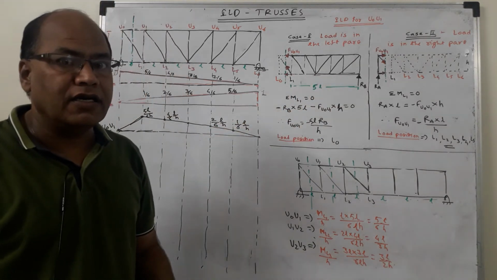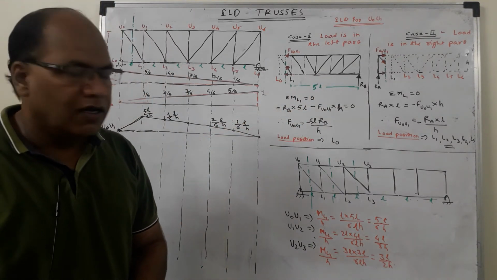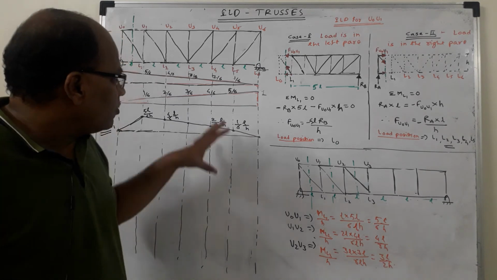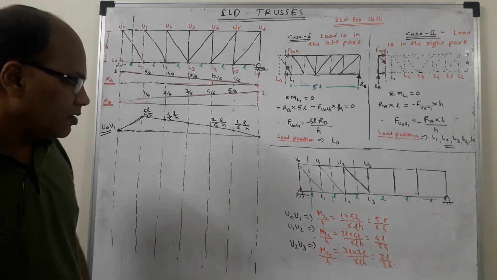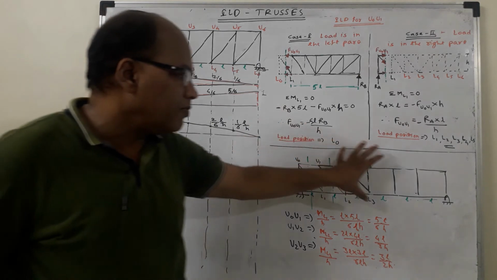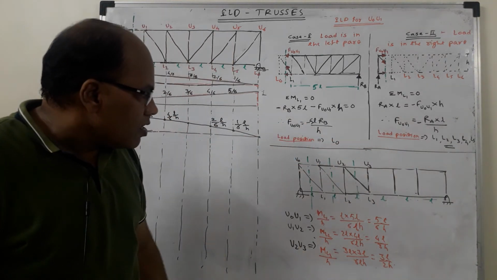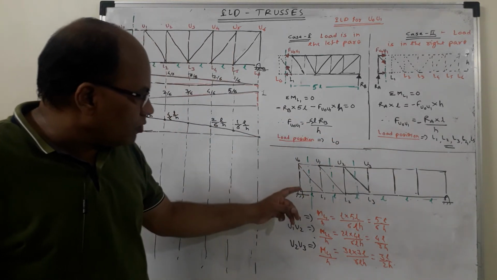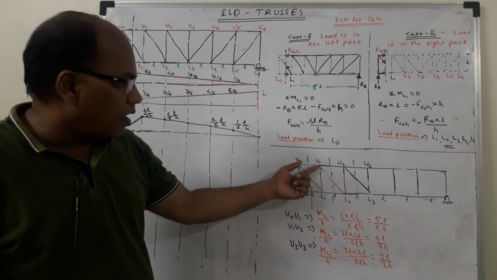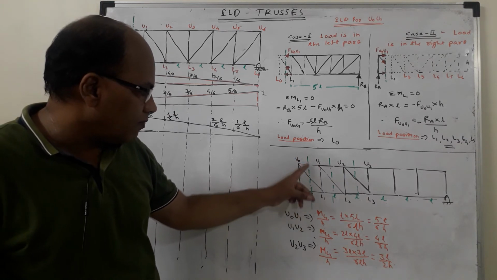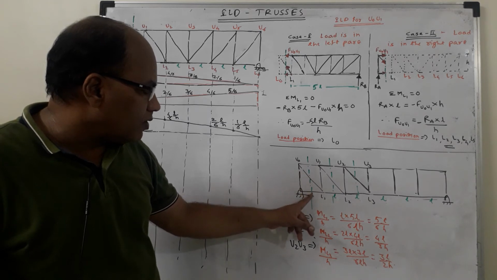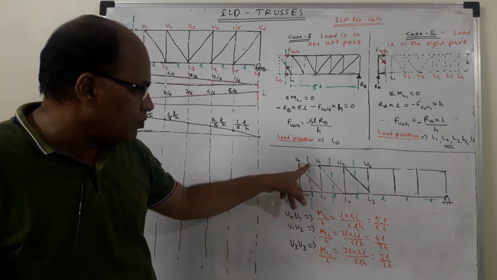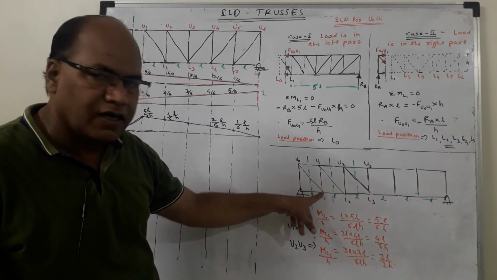But again, there is one shortcut method also. Now, in order to explain the shortcut method, I have considered the same truss over here. I want to draw ILD for U0 U1, and I should take a section over here. When I want to get the force in U0 U1, I will have to take the moment at L1.